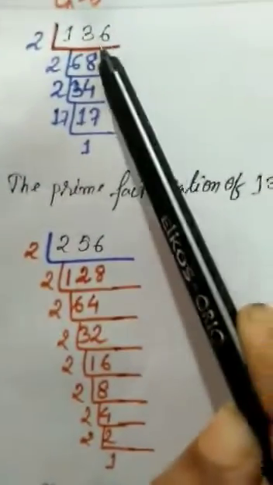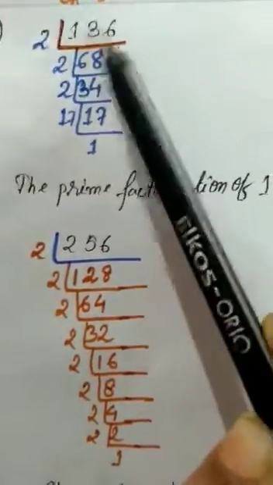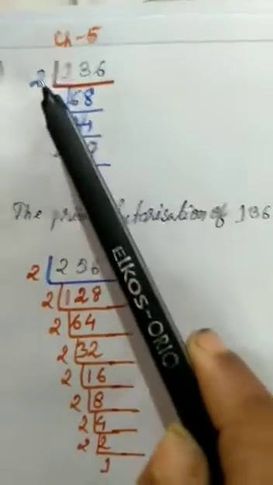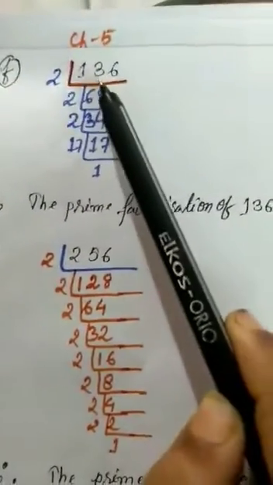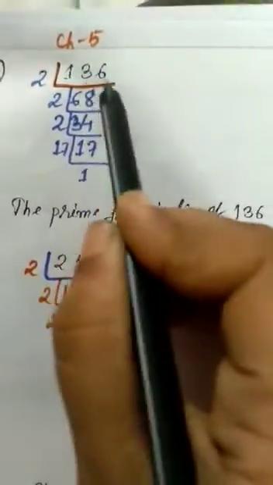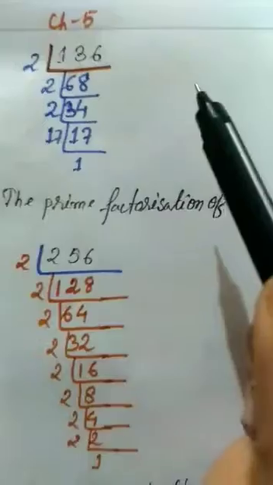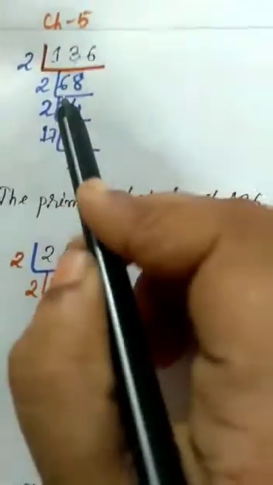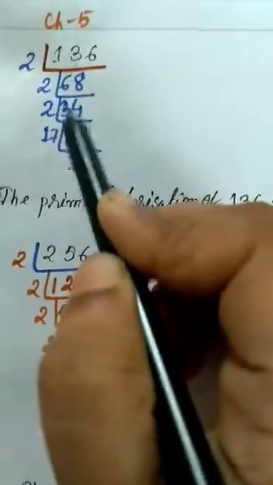Okay children, so next, if you see part F, the number I have taken is 136. So how can we start the division process? As 6 is the last unit digit, we can start the division by 2. Okay, so 2 6s are 12, and then 1 will remain, 1 and 6 make 16, and 2 8s are 16. Okay, so 68, and 2 34s are 68.